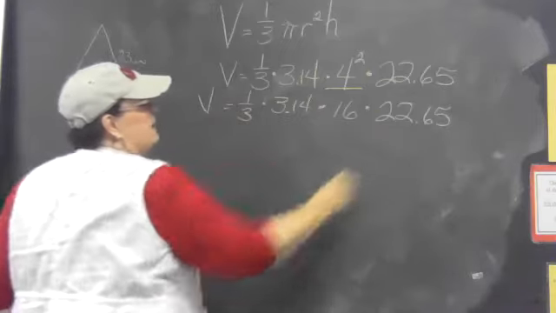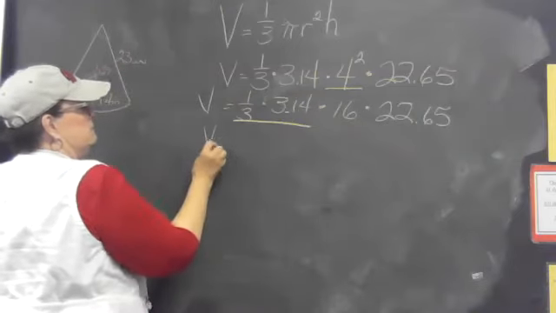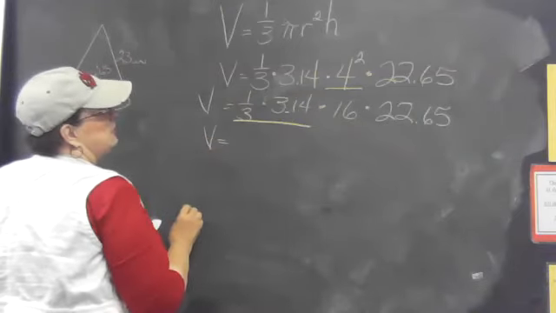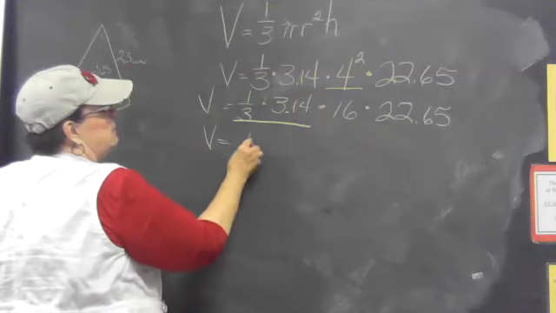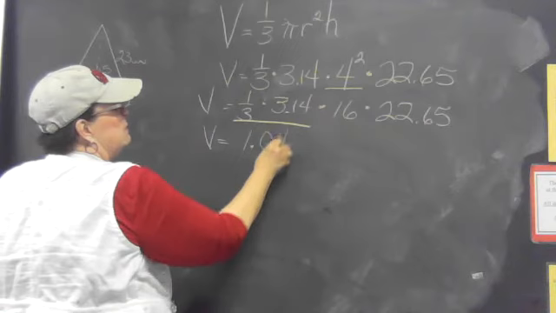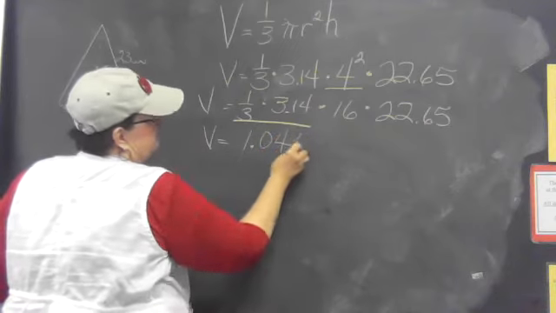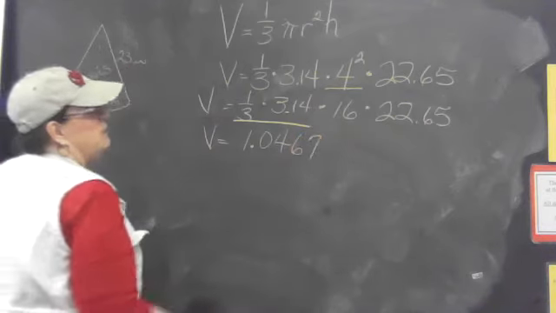It's all multiplied now, so we multiply left to right. 104,666, right? Okay.